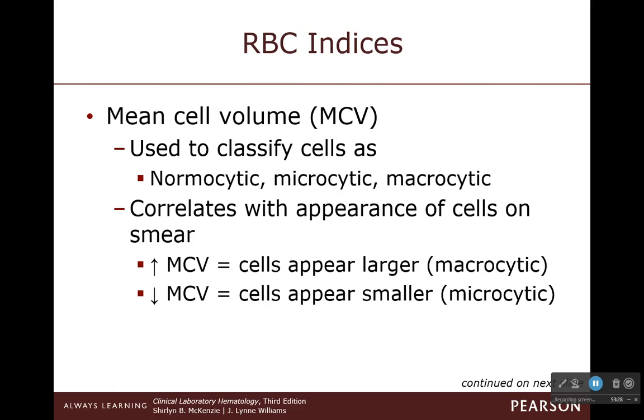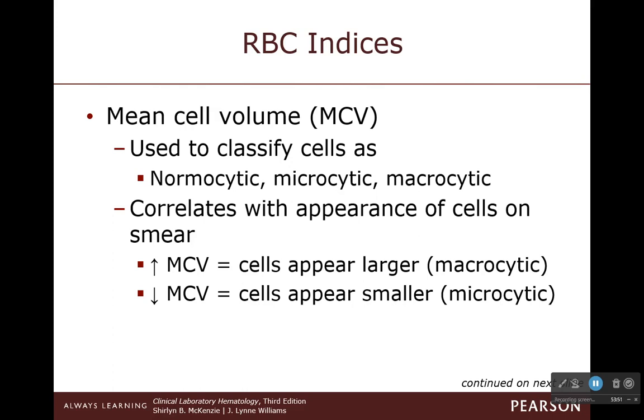If they're normal, we don't comment on it. But if there are microcytes or macrocytes present, then we comment on it. I'm going to talk to you about how to do it a little later on, when we start in lab tomorrow.